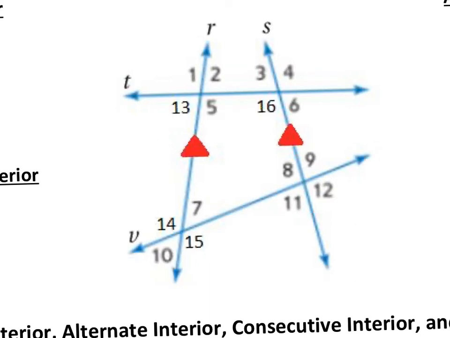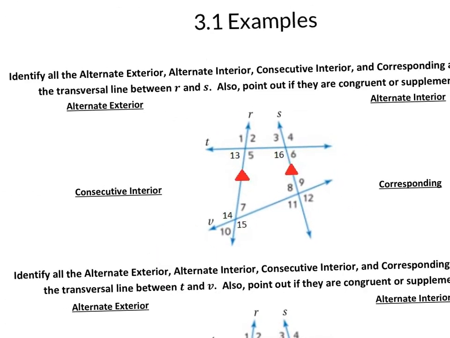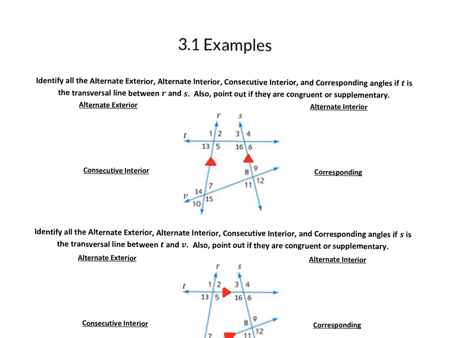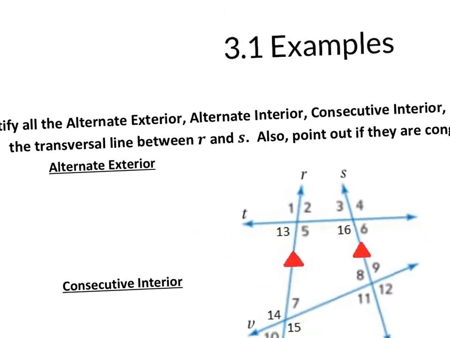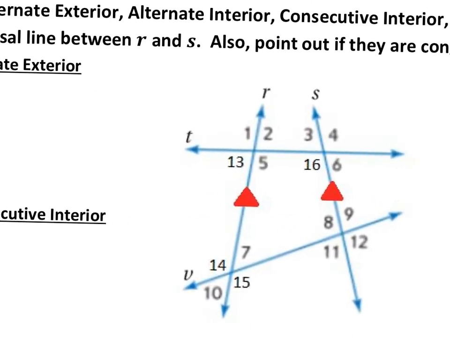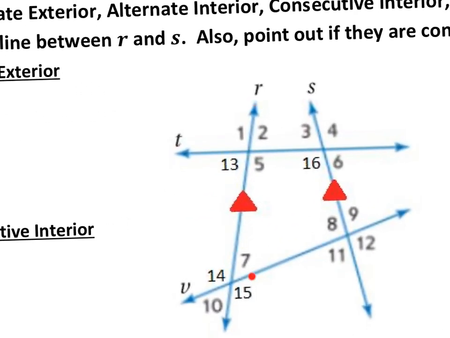Well, they don't have to be red, but this indicates that R and S are parallel lines. So in my instructions, I say identify all these types of angles if T is the transversal line between R and S. So R and S are my parallel lines and T is cutting into it. So I'm just going to look at this group of angles right here, okay?